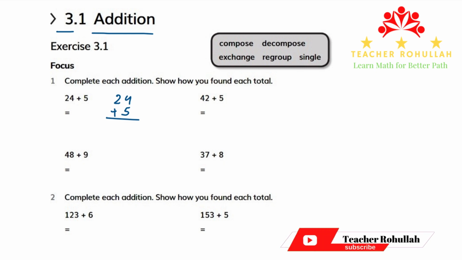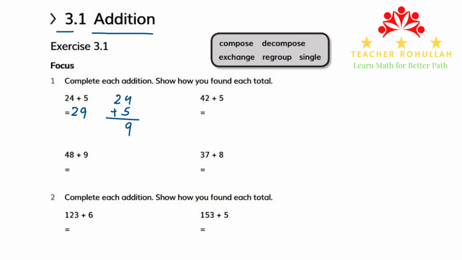It means 24 plus 5 is equal to 29. Here also, if we add 4 by 5, we get 9, and 2 plus nothing is still 2. So the answer that we found in both ways is 29.